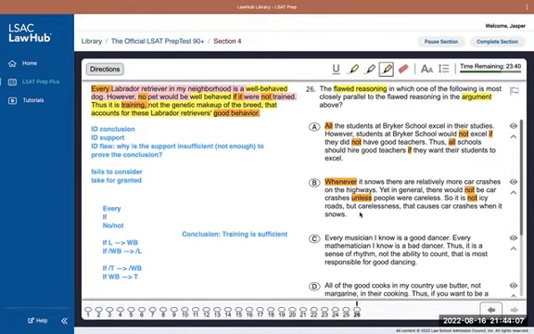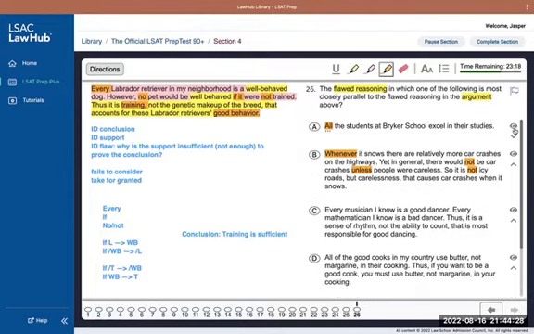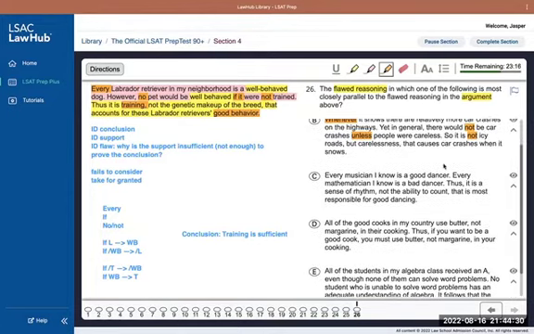So this is great, right? So this is something that we didn't see in A, but that we do see in our original argument, right? That they're eliminating the possibility of genetic makeup. Here, they're eliminating the possibility of icy roads as a cause. So B actually looks better than A, just based on that.